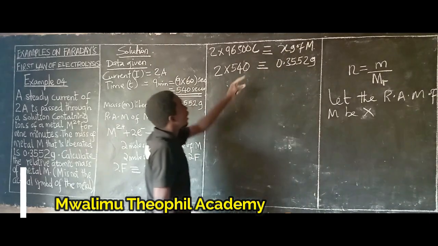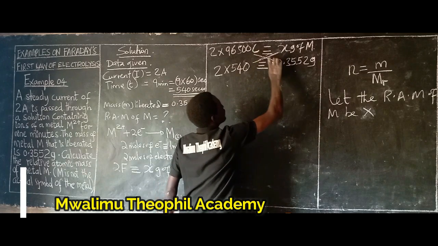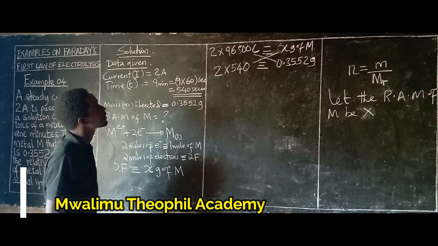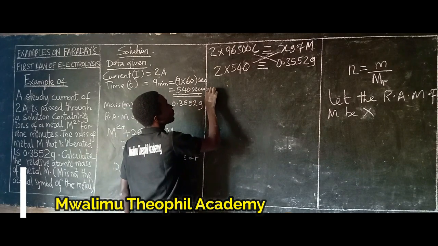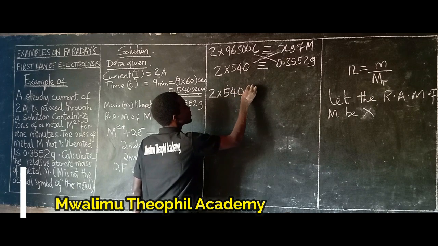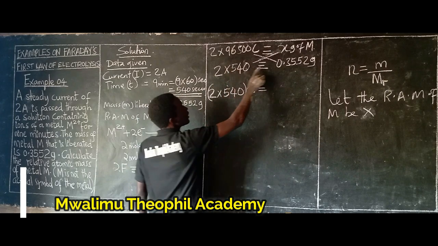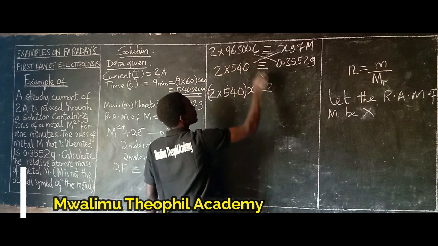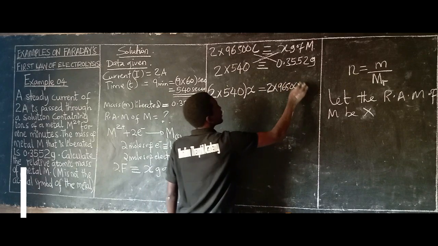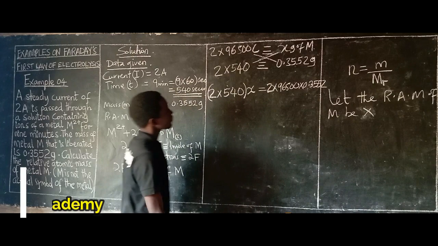Now we have these values, we can solve for the value of X. How do we do it? We cross multiply. After cross multiplication, we can solve the relative atomic mass of metal M, which is given there as X. We take 2 times 540 times X is equal to 2 times 96,500 times the mass liberated, 0.3552.